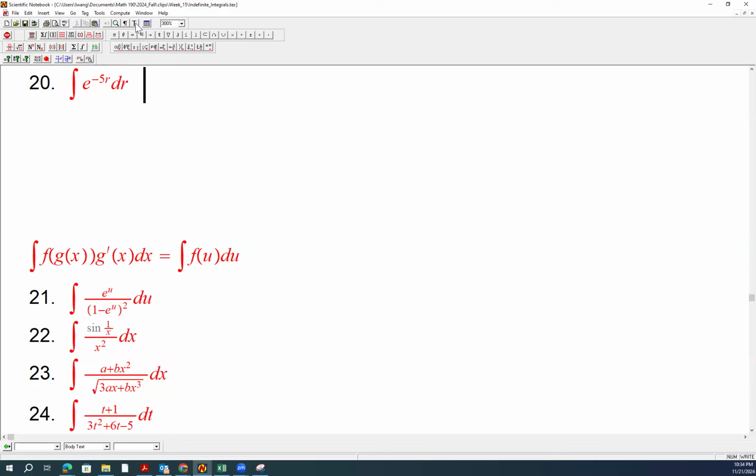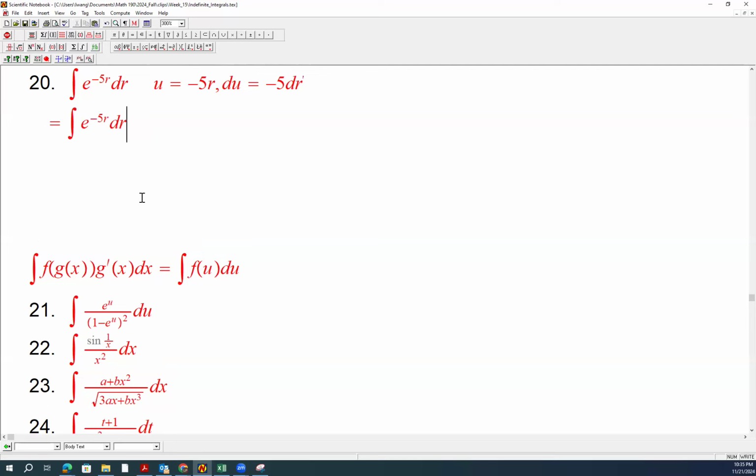This one, the substitution should be pretty straightforward. u equals negative 5r. Okay, so du equals negative 5 times the derivative with respect to r, right? And this substitution will lead us to, this is u dr. dr is negative 1/5 of du, right?